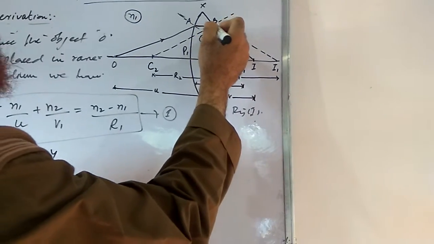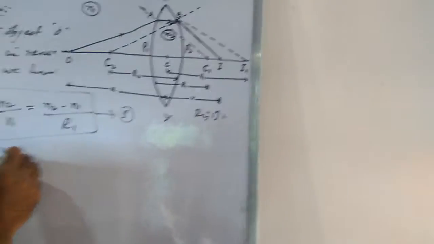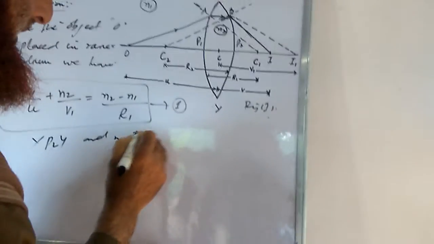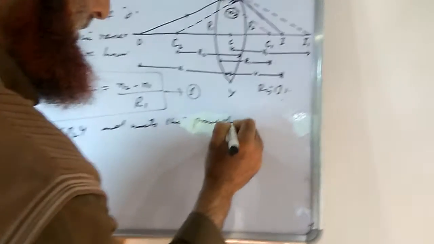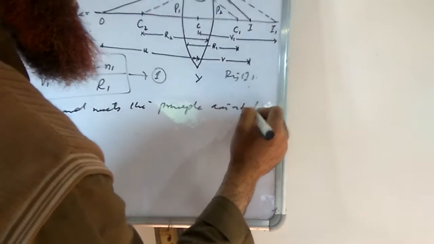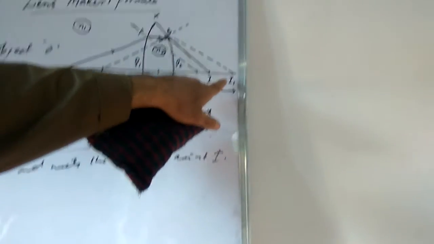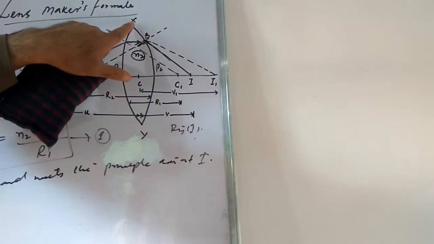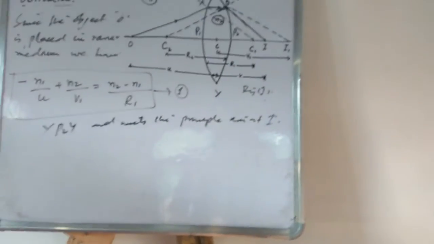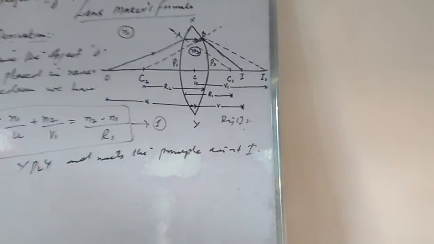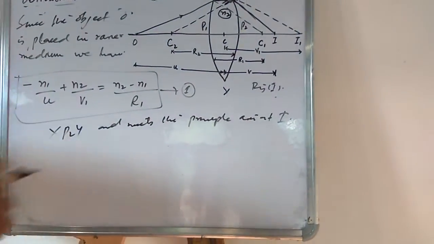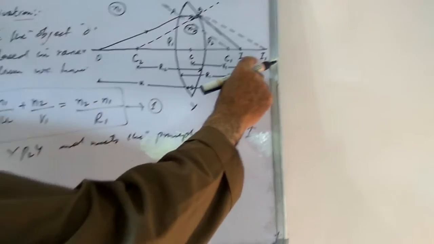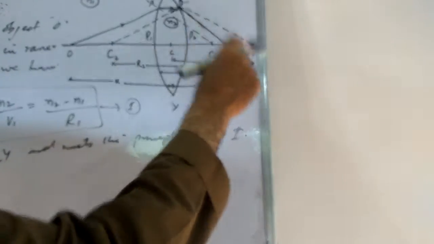It is refracted here and meets the principal axis at I. Look here, this I1 acts as a virtual object for the surface XP2Y, placed in a denser medium.